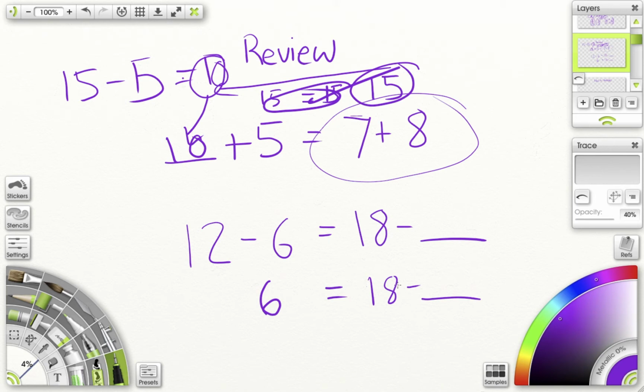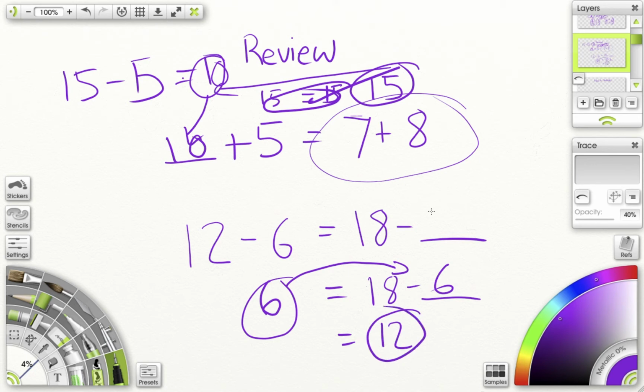Well, I can actually just take this 6, bring it over here, and put it temporarily in place of the blank. It doesn't mean that blank is actually equal to 6. 18 minus 6 equals 12. So therefore, that blank number is 12.